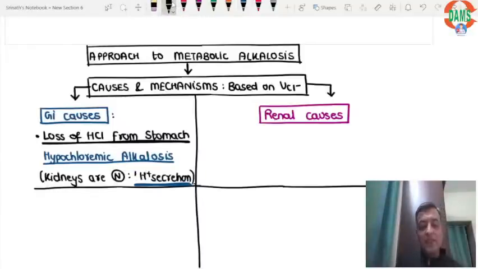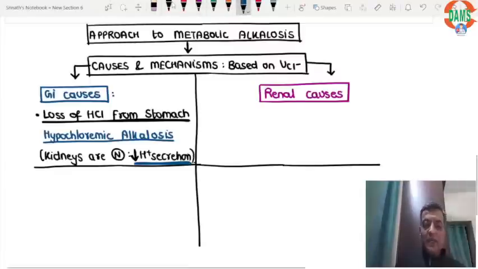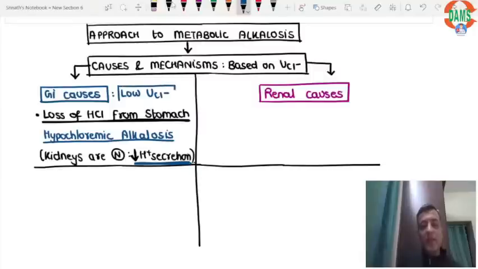Because alkalosis has come, the kidneys will try to retain the H plus, with reduced H plus secretion, because there is a state of alkalosis in the blood. So acid needs to be conserved in the body. That is why when H plus is low, the chloride in the urine also becomes low. There will be low urinary chloride proportional to the H plus secretion.